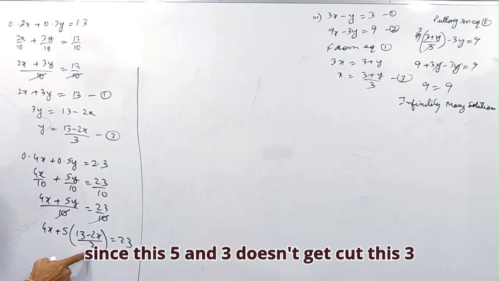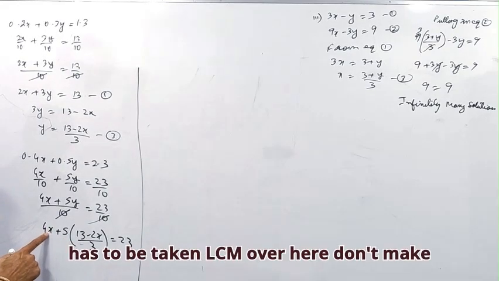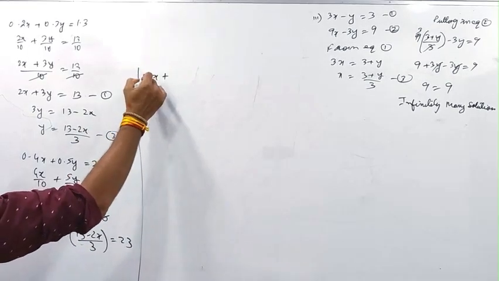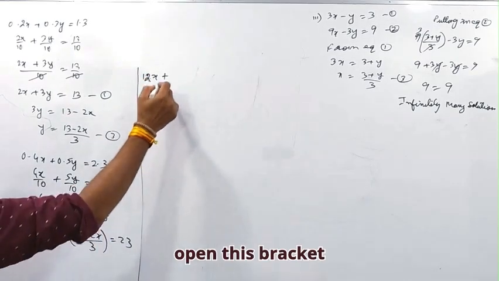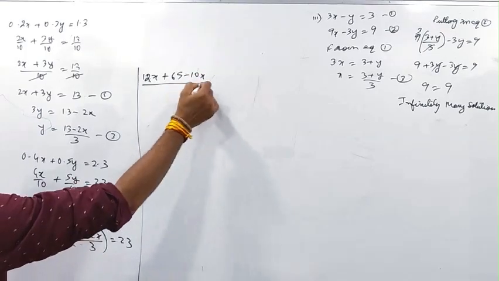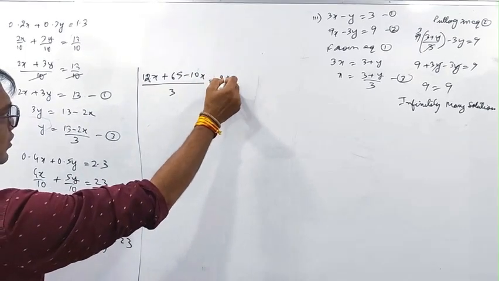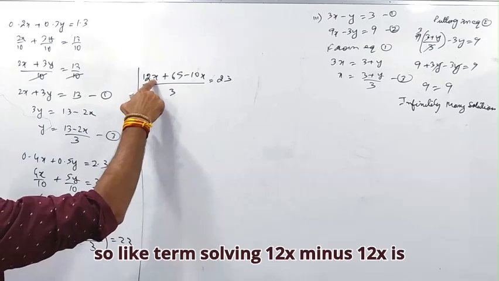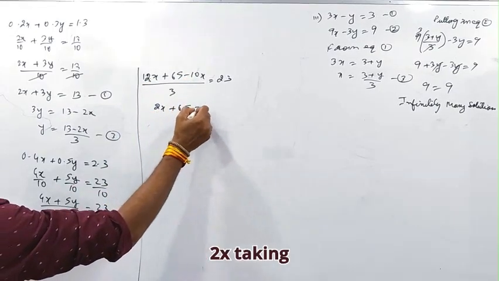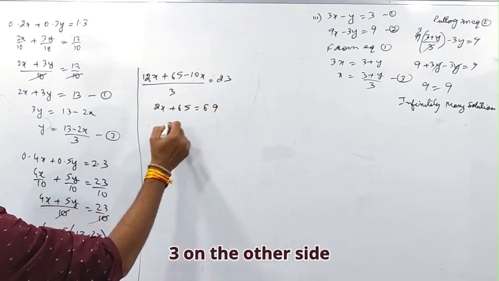Since this 5 and 3 doesn't get cut, this 3 has to be taken LCM over here. Don't make a mistake there. Open this bracket. So like term solving, 12x minus 10x is 2x. Taking 3 on the other side.